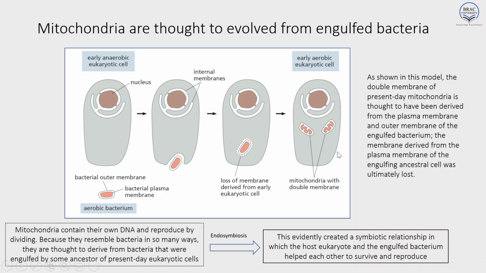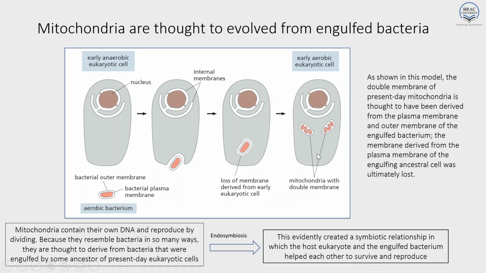So in the mitochondria, we see the double membrane, where the outer membrane is from the bacterial plasma membrane, and the inner membrane formed between the mitochondrial membrane-bound organelles. So the plasma membrane from the eukaryotic cell during engulfing got lost.